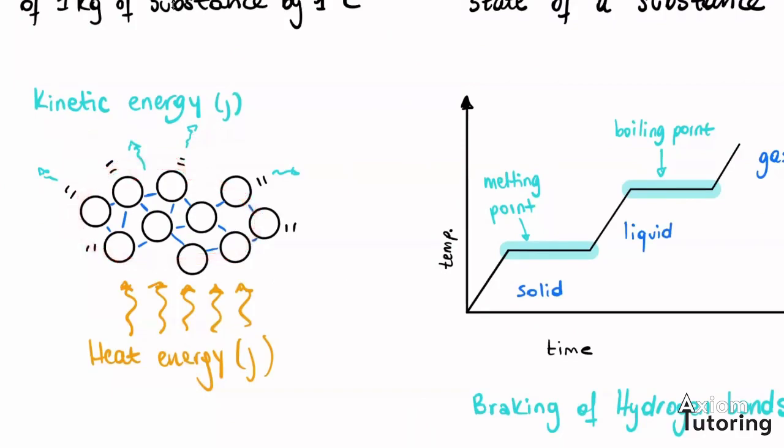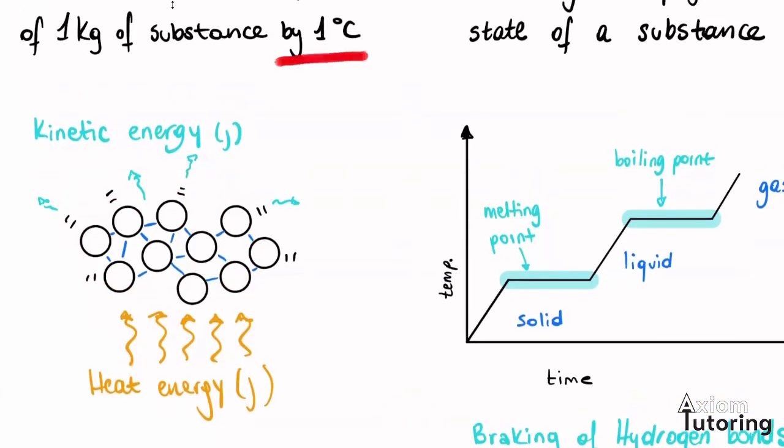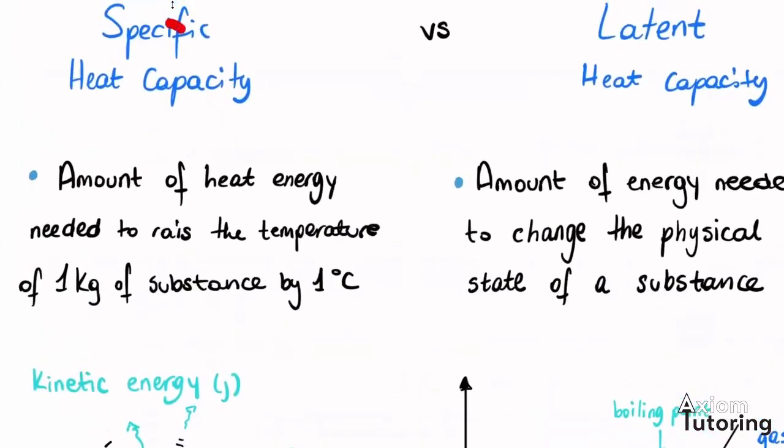And this kinetic energy is what causes a change in temperature in the water. And the amount of heat that you need to introduce into water is what we call the specific heat capacity for a specific substance.